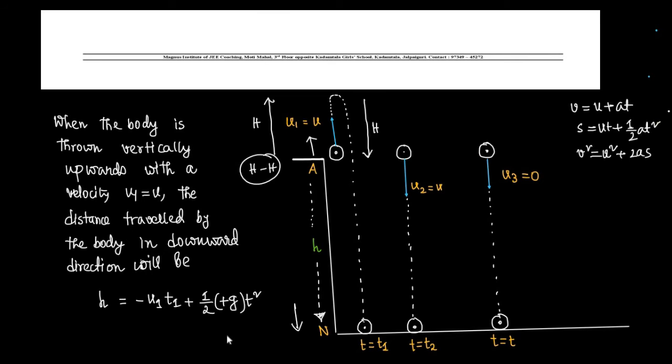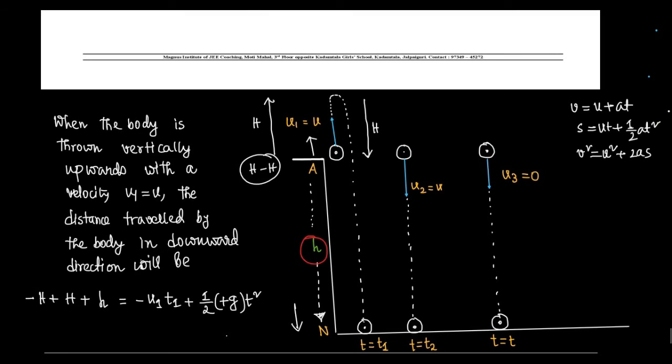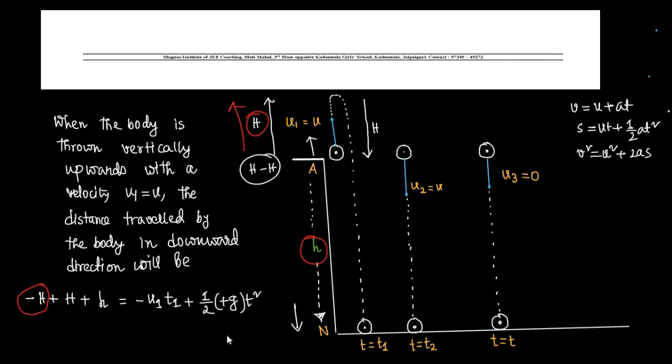During upward motion it traverses capital H distance, but small h is the height of the tower, so total displacement for the first case will be minus H plus H plus small h, because we are considering downward motion of the body.